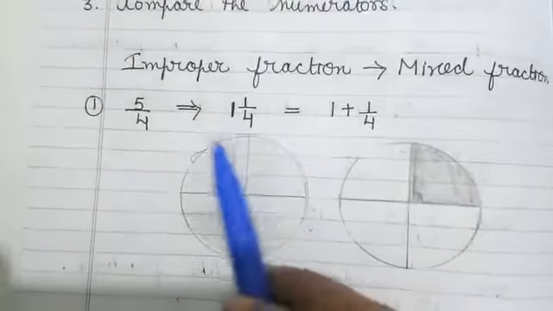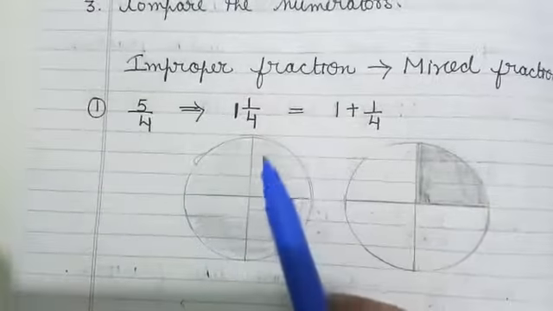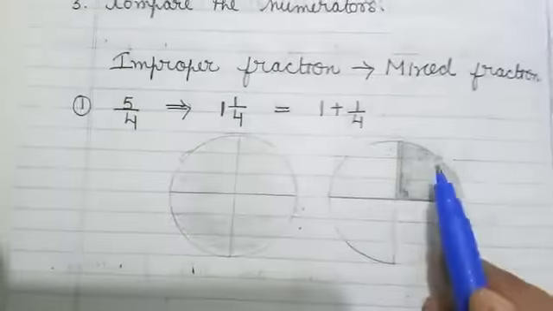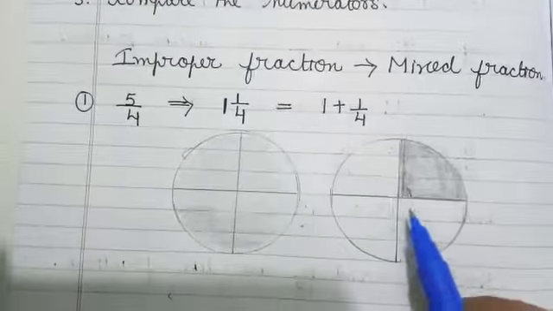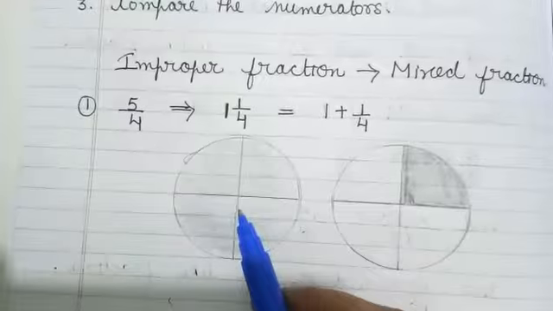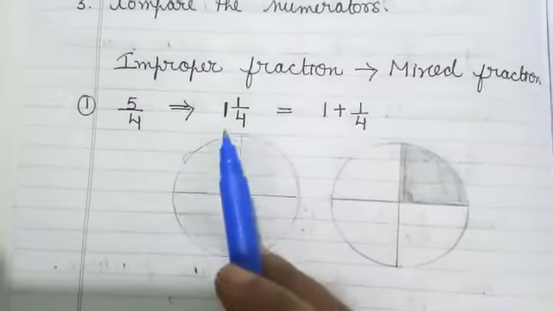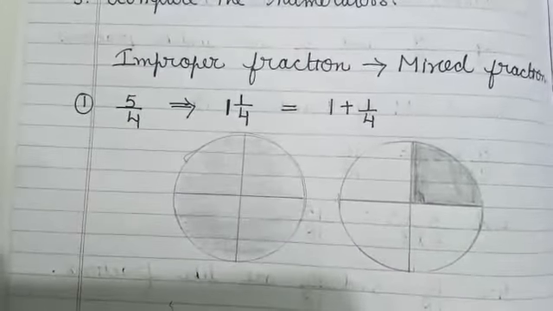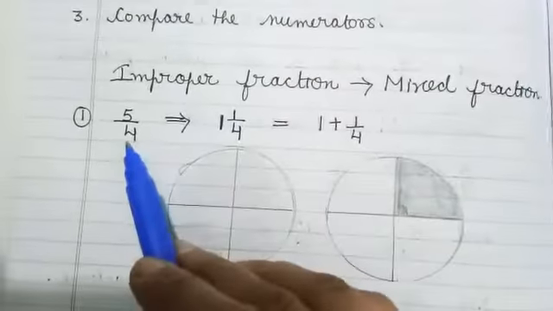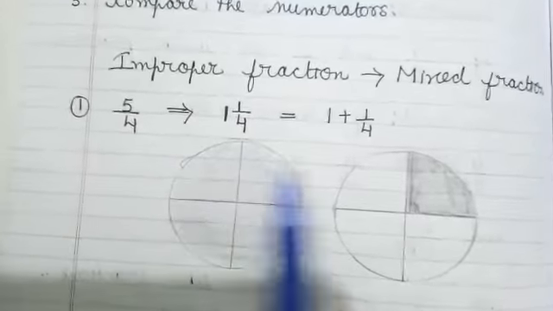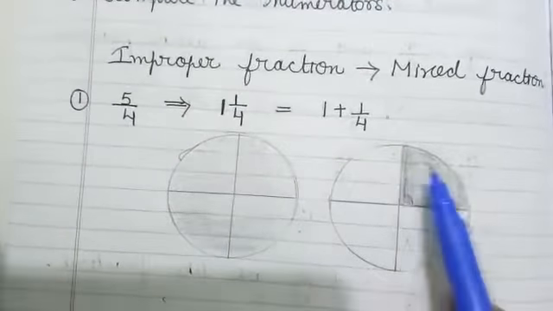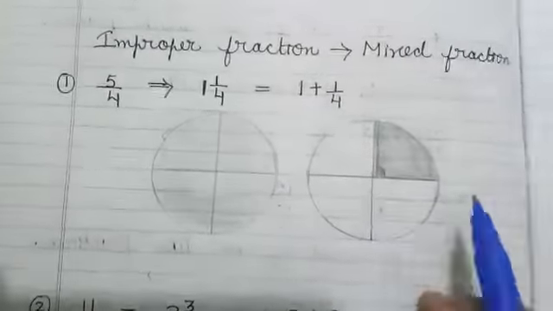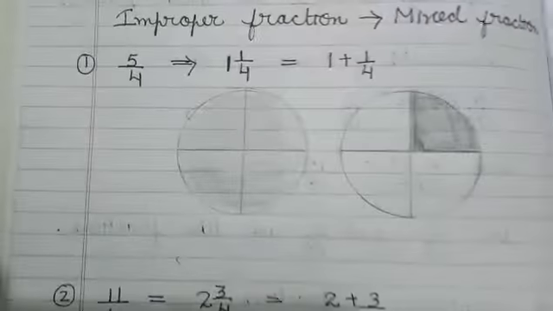When you have taken 4 pieces, it means you have taken 1 whole pizza, and only a fraction is taken from the second pizza. From the second pizza, out of 4, you have taken only 1. So this is 1 whole plus 1 by 4, written as 1 whole 1 by 4. So 5 by 4 is an improper fraction which denotes that you have two things: one you have taken as a whole, and the fraction is from only the second part. I hope it is very clear to you what the improper fraction represents.